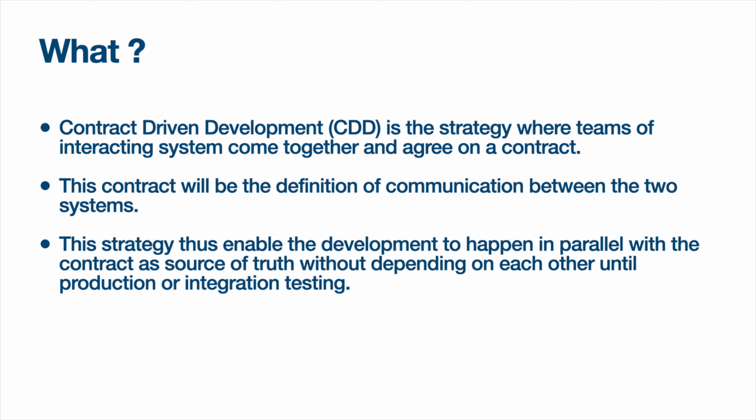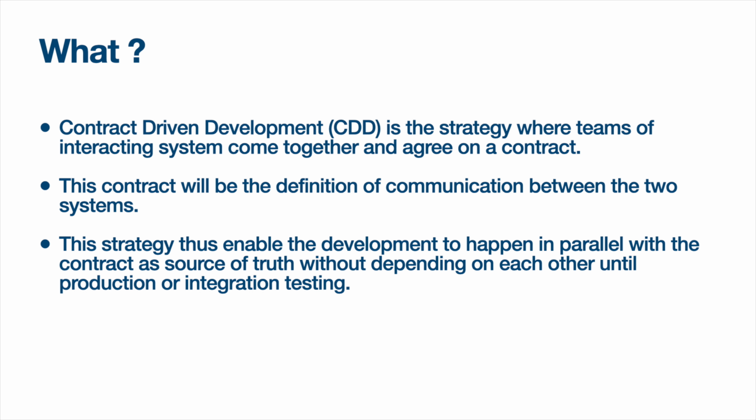Now that we know the problem statement, let's try to understand what is contract driven development. It is a strategy where different teams come together and agree on a contract. The teams are creating systems that would be interacting with each other. The contract thus serves as the definition of communication between the two systems.